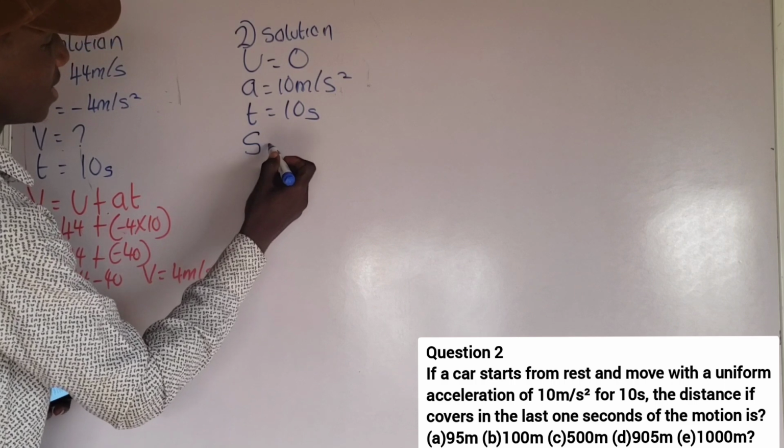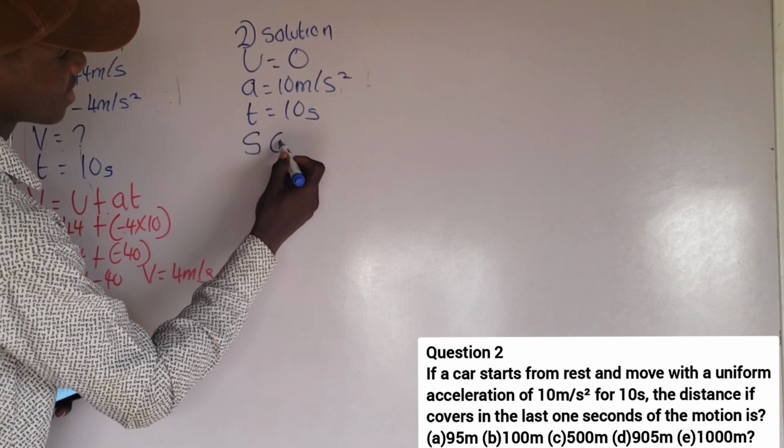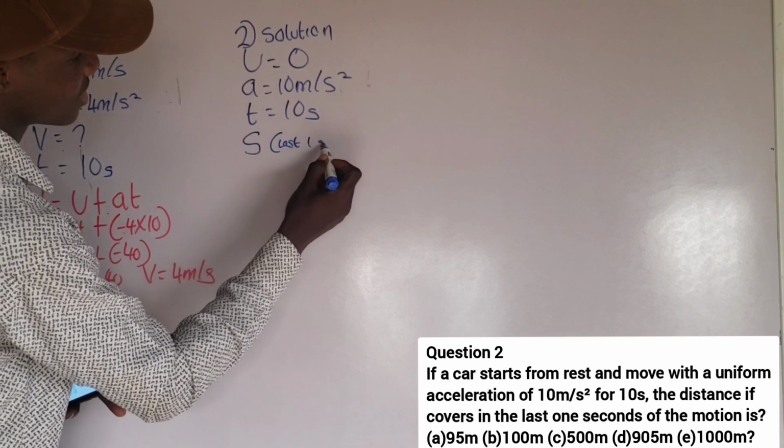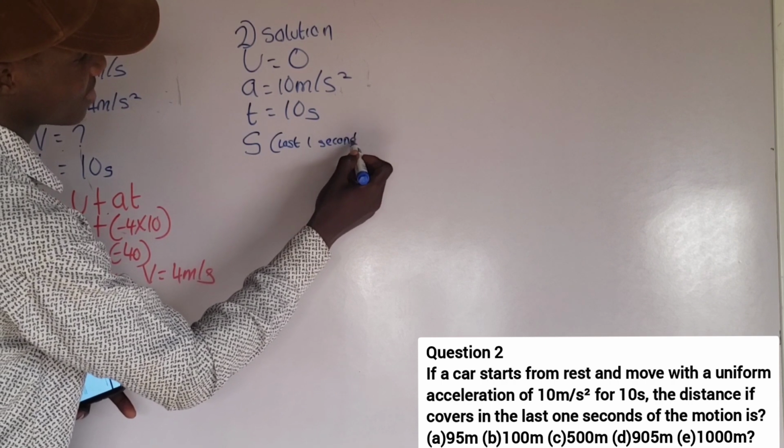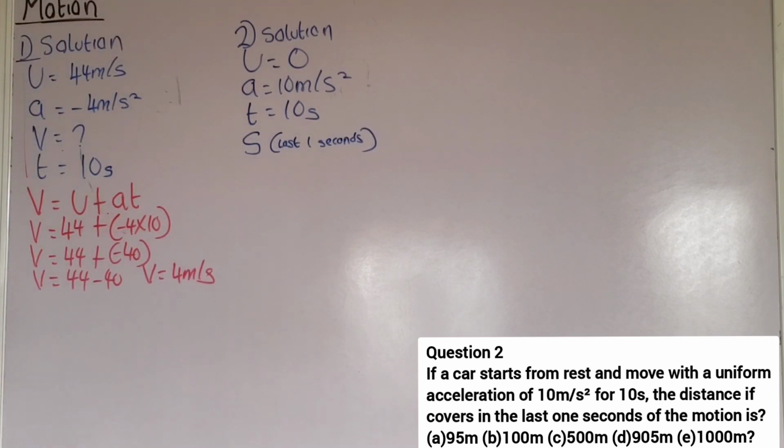So, s in the last, let me just put it, last 1 second, okay? Now, the distance covered in the last 1 second is the difference between the distance in the 10th second and the 9th second. You understand? Please pay attention.